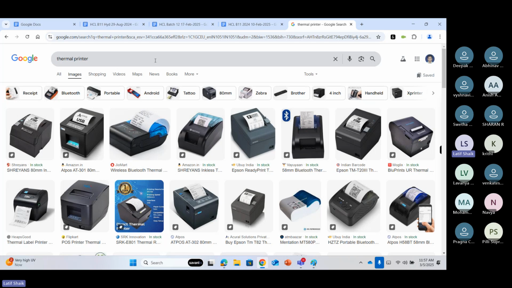In a shop after your payment, like at the ATM machine, the POS machine, that bill will come out. You went to any shop or DMart or anything, and after payment is done, they give a printout. That is a thermal printer. ECG machines are also thermal printers.